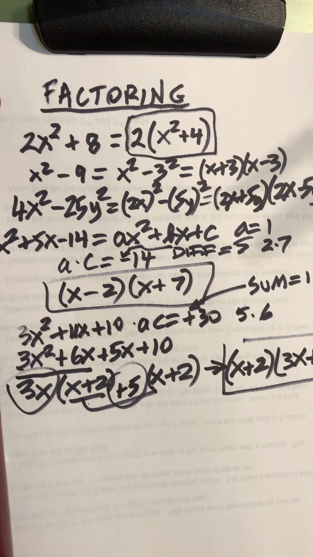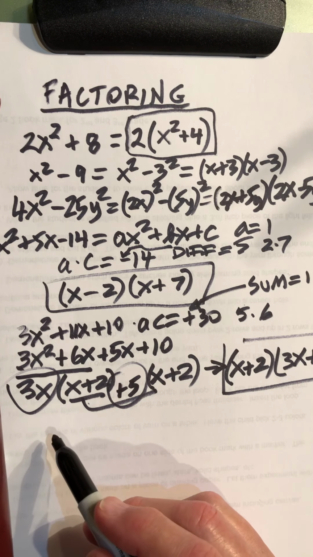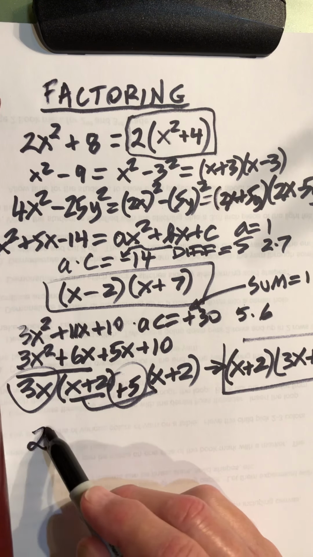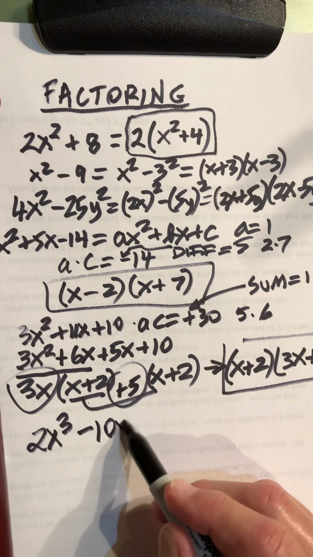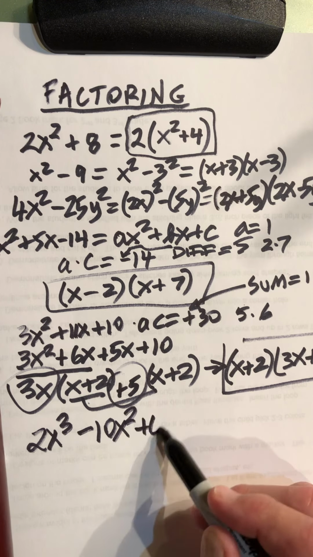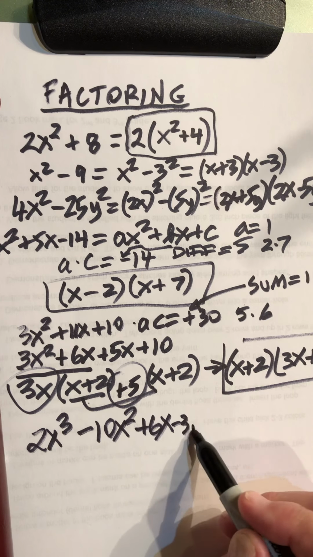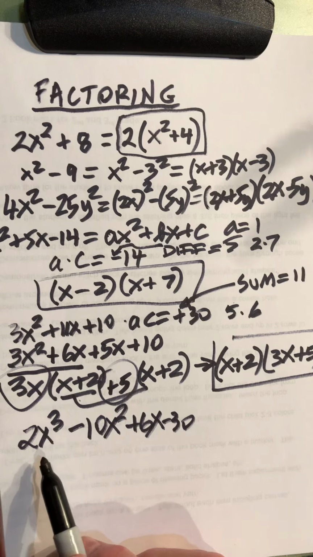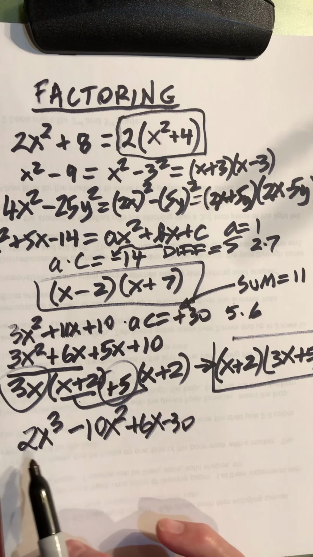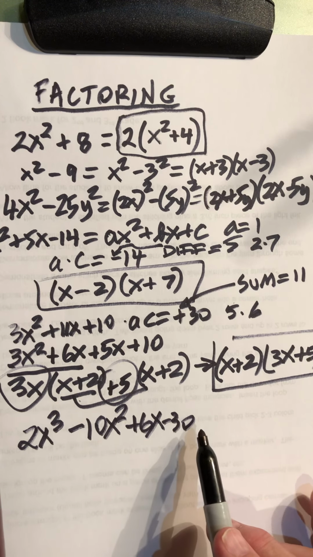Okay, let's do another one. I've got 2x cubed minus 10x squared plus 6x minus 30. All right? And now, oh, every one of those is even.